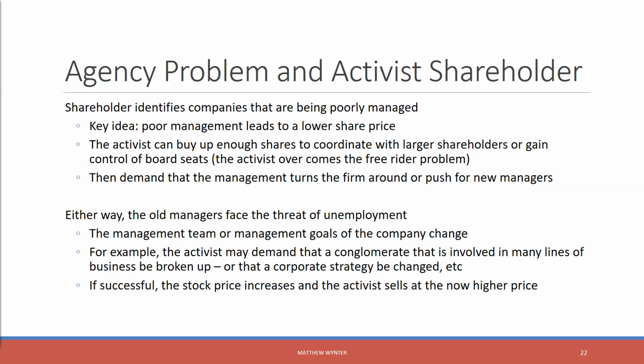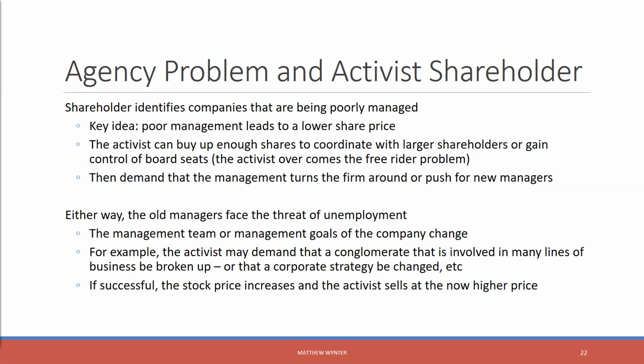In this way, you're overcoming the free rider problem, because your goal is to internalize this monitoring cost. You pay this monitoring cost so that you can affect the firm. Either way, the old managers are going to face the threat of unemployment.